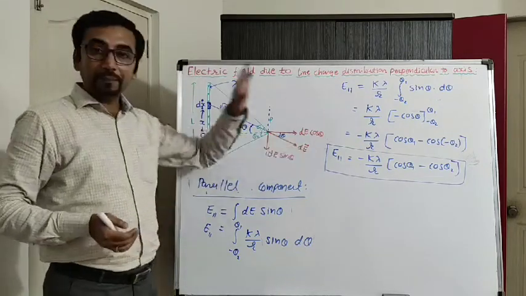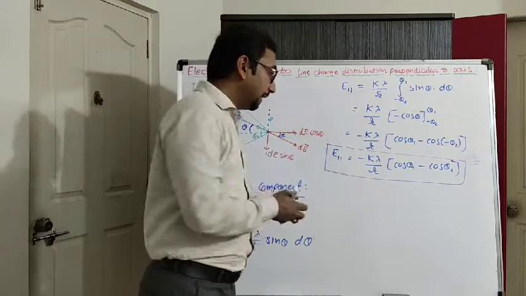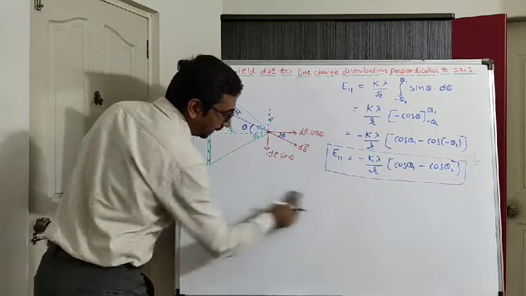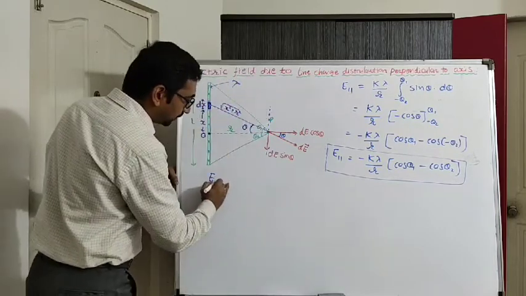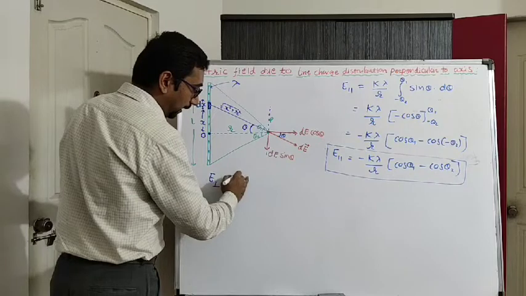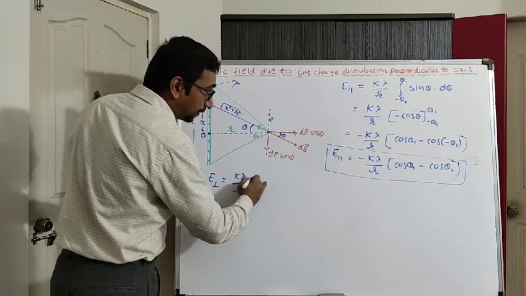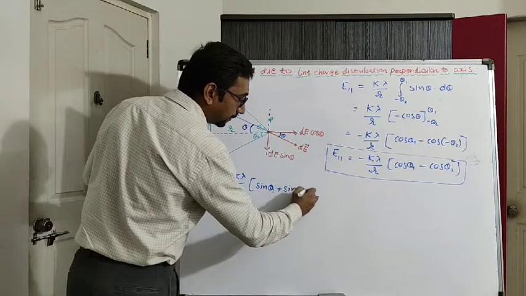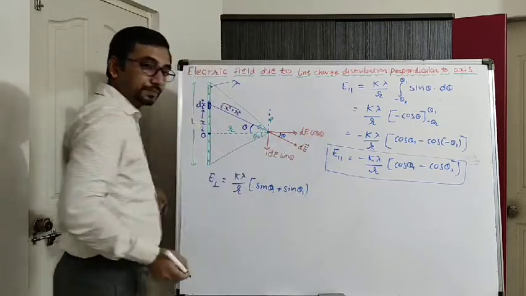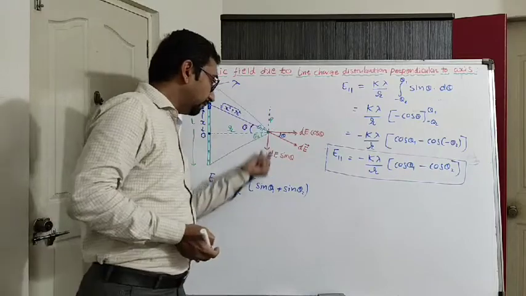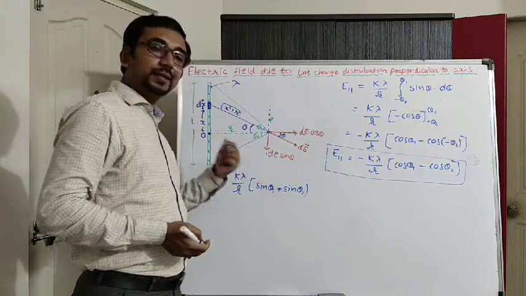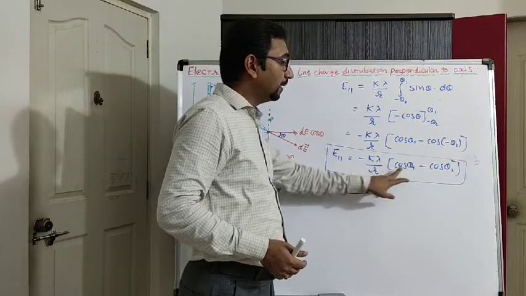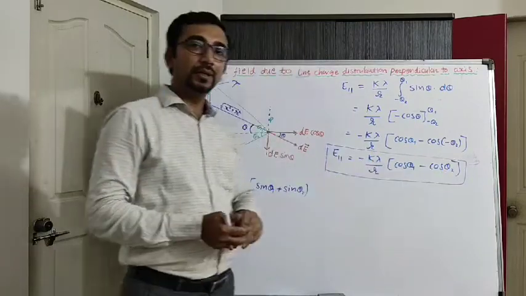Okay, so if we write the formulas again, the electric field's perpendicular component was k lambda upon r into sine theta 1 plus sine theta 2 in this direction, while the parallel component, which is the electric field's component in this direction, is E parallel equal to minus k lambda upon r into cos theta 1 minus cos theta 2.